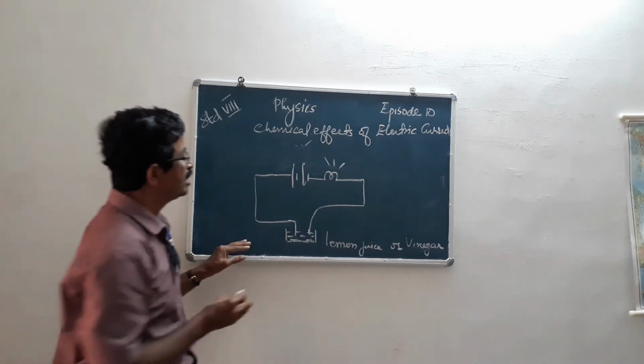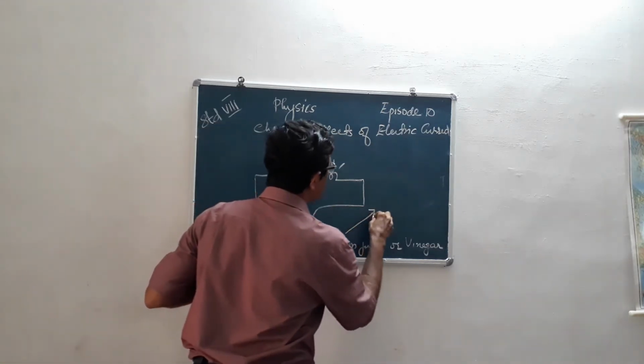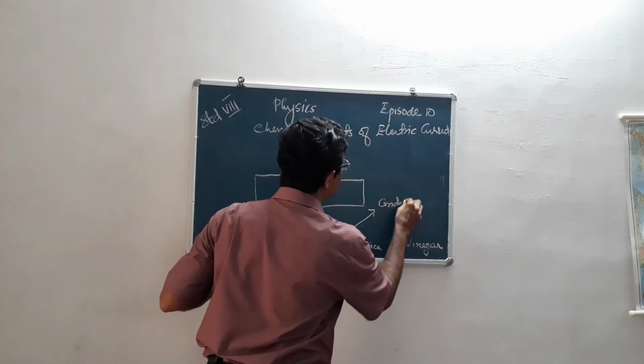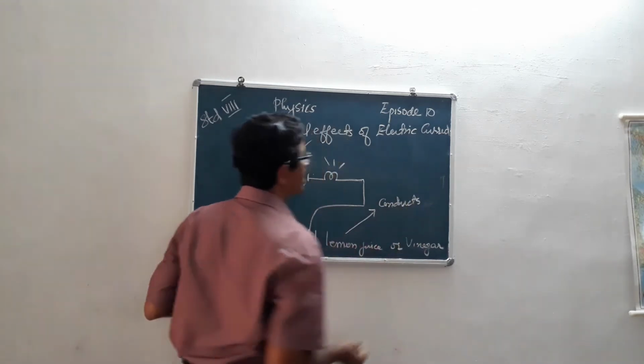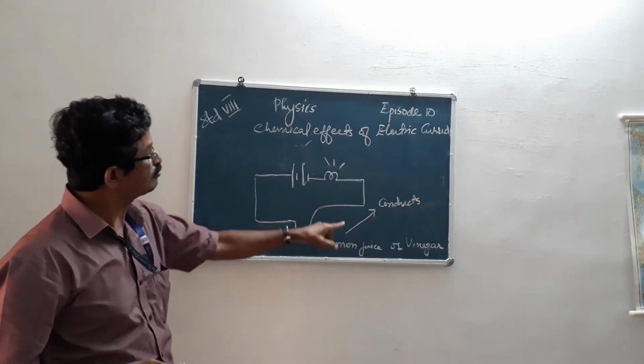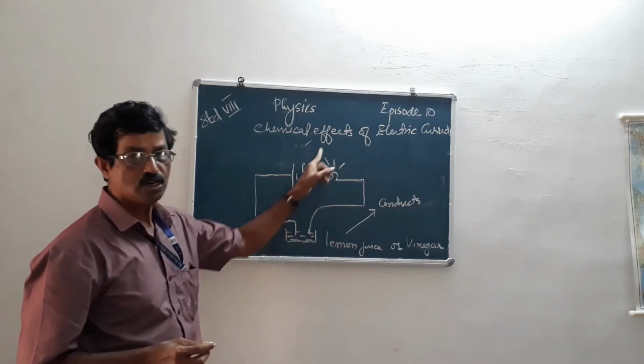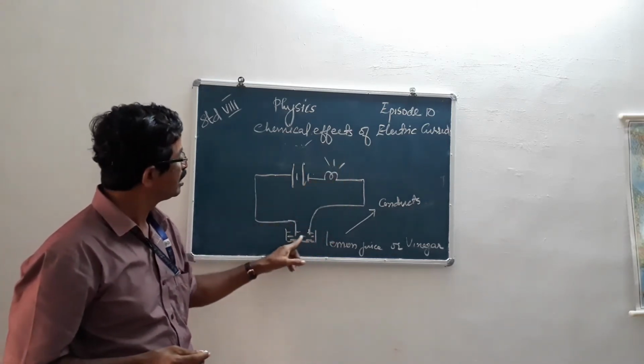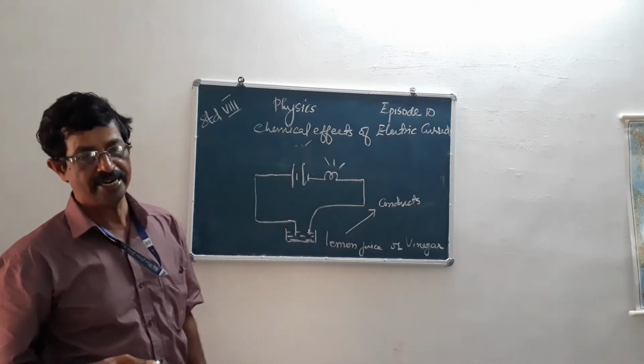That means this liquid conducts electricity. If the bulb is not glowing, that means this liquid is not conducting.